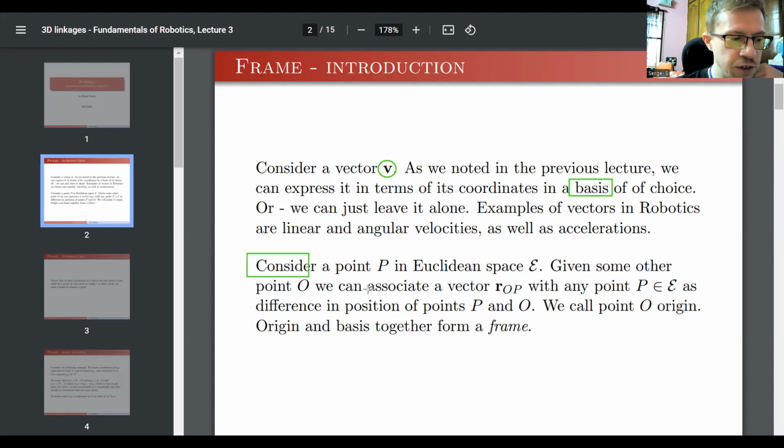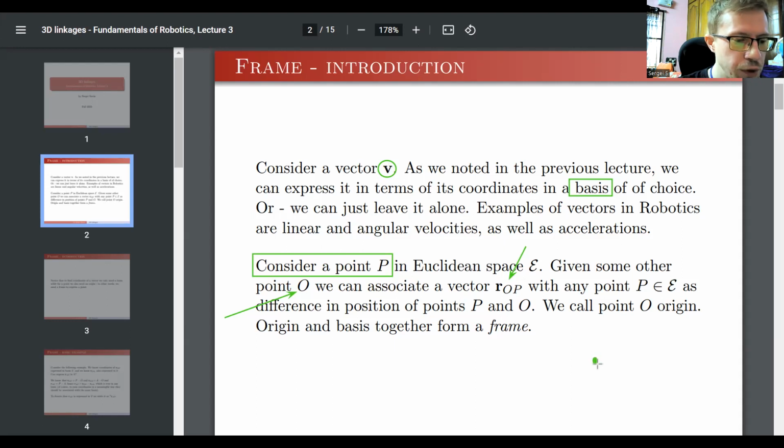Now consider alternatively a point in Euclidean space. I say Euclidean space just to be clear what we're talking about. If we have some other point O, then what we can do is associate a vector r_OP, which points to point P from point O. Let me just draw it for you.